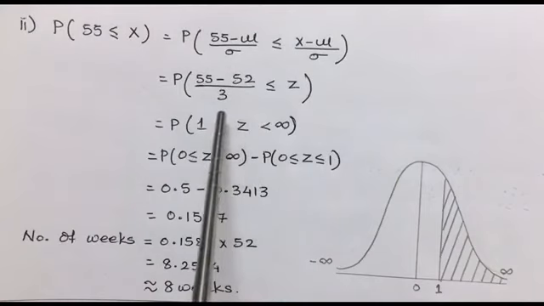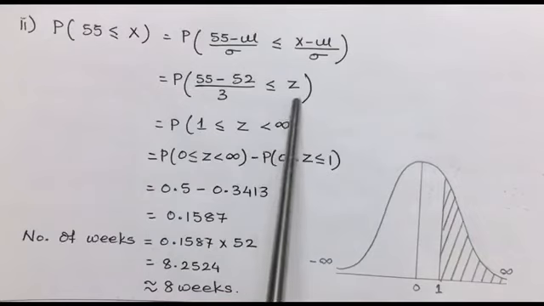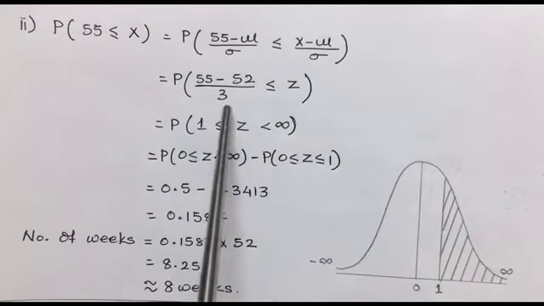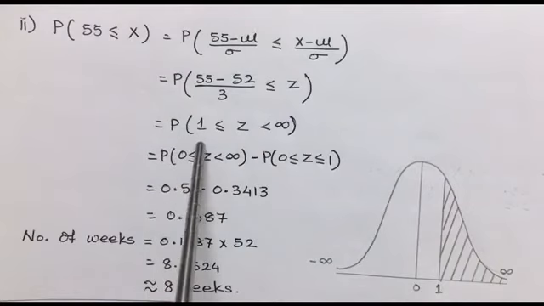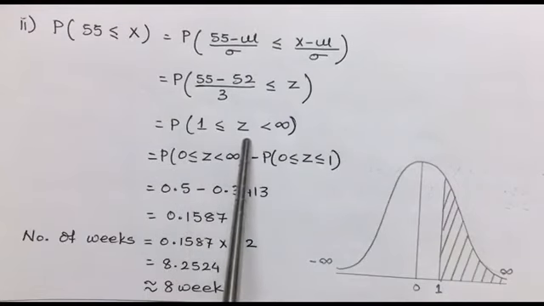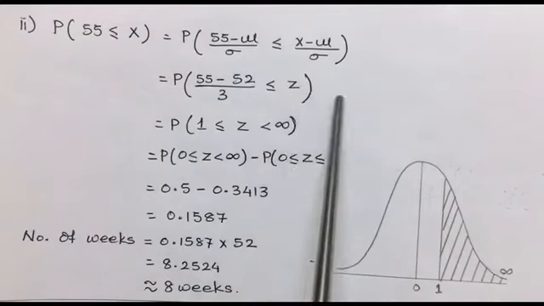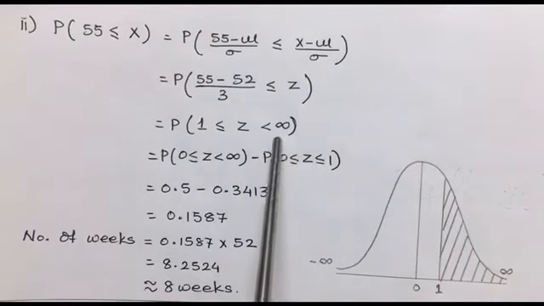Mu is 52, sigma 3, less than or equal to Z. Calculating it, it becomes probability 1 is less than or equal to Z, and as the right side limit is missing, we write there infinity.